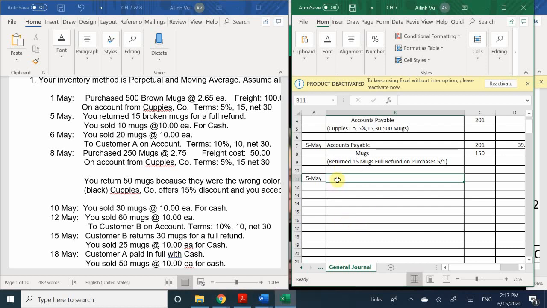Yes, we are receiving cash. So cash goes here and sales goes here, and then sales tax payable goes here. Okay, and then I'm going to write in here a little description that I sold 10 cups.